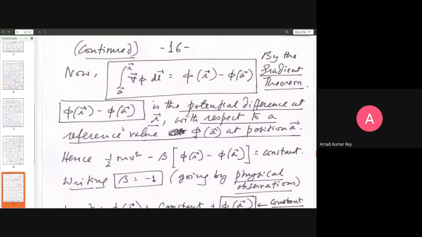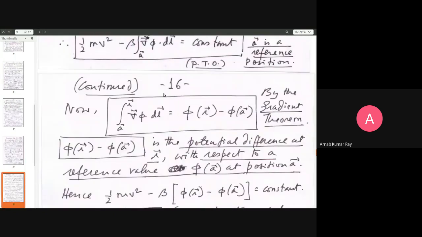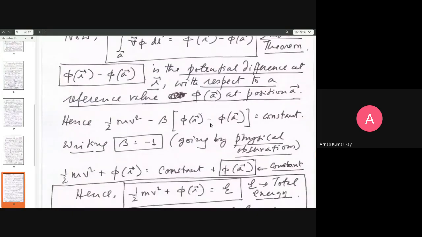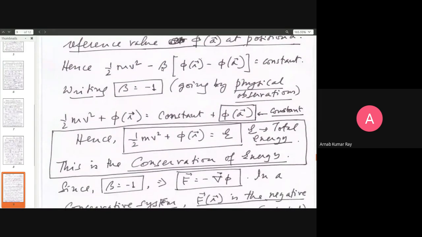Okay, so half mv squared minus beta times phi R minus phi A is equal to a constant. Now we are writing beta equal to -1. That's what we discussed earlier. If I write beta equal to -1, then I'll get half mv squared minus into minus beta, which will be equal to 1, so half mv squared plus phi.